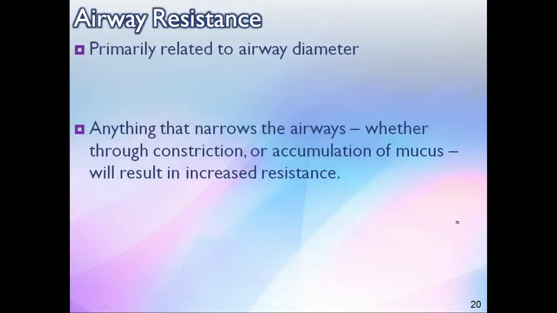Your drain will drain faster if you have a larger diameter drain, or if you don't have big hairballs lining the drain. Same principle here. This is why when you get bronchitis or any type of lower respiratory tract infection, it becomes more difficult to breathe because the added mucus decreases the diameter of your airways, creating a harder breathing situation.